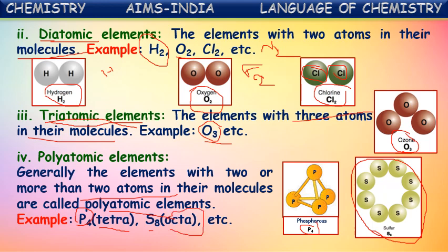Generally more than 3 or more than 2 are said to be polyatomic elements. So this P4 and S8 come under polyatomic elements. Is it clear, students, that atomicity? Atomicity is nothing but the number of atoms present in an element or a molecule. Monoatomic, diatomic, triatomic and polyatomic elements with examples, right?